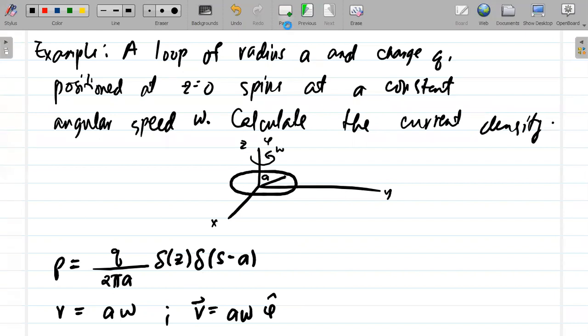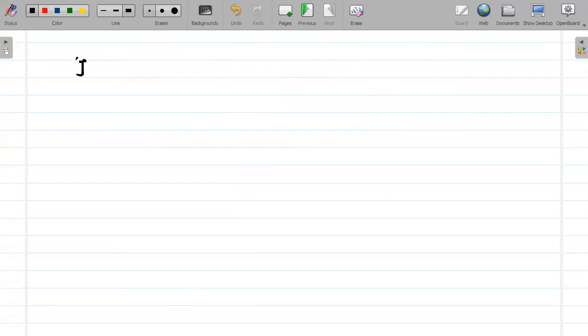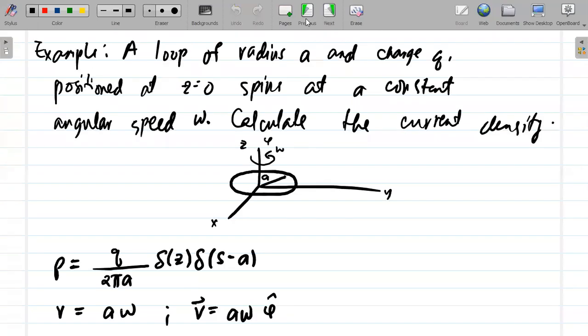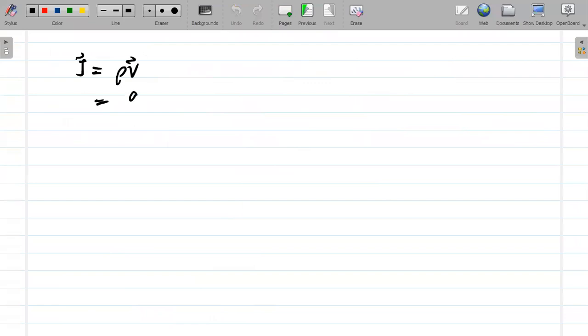So now, we get the current density. That is rho v, or that is equal to, ano to? Q over 2 pi A delta Z delta S minus A, tas A omega phi hat.